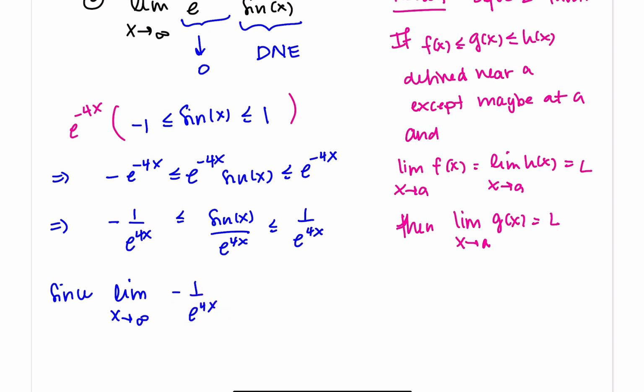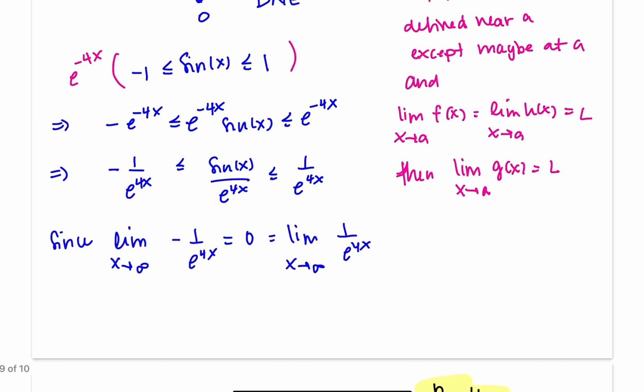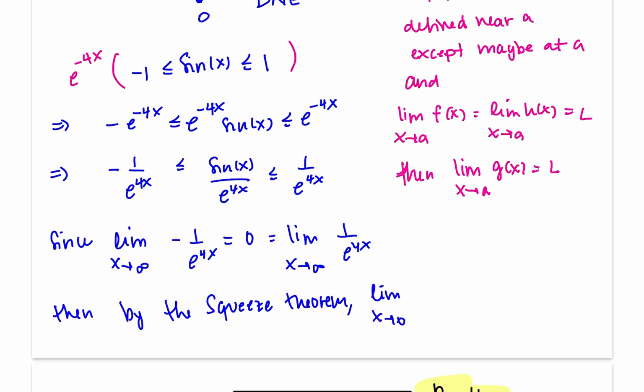It's like we have 1 over something going to infinity. So we get 0. It's equal to the limit as x goes to infinity of 1 over e to the 4x. Then, by the squeeze theorem, the limit of the one in between, which is e to the negative 4x sine of x, has to be equal to 0.